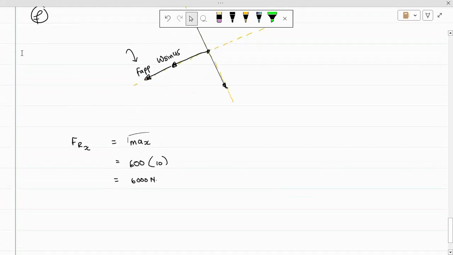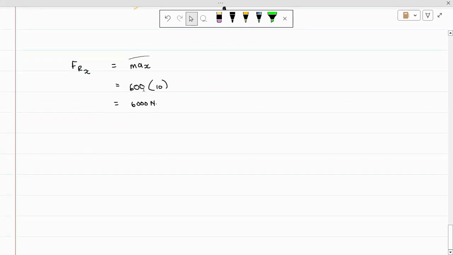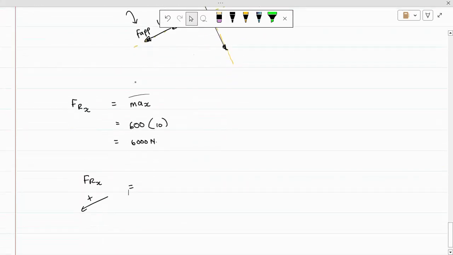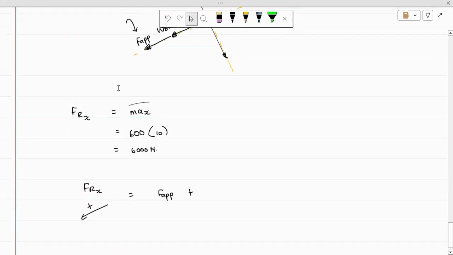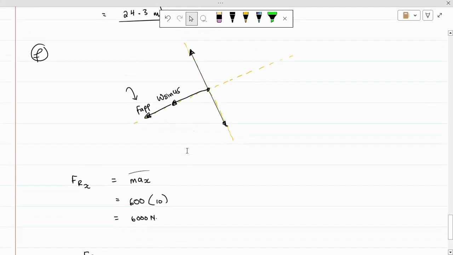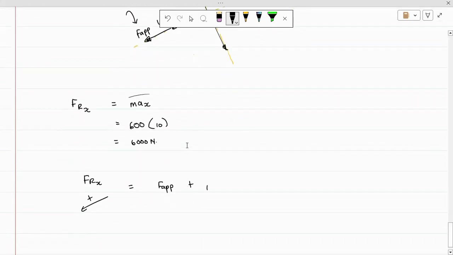But now we also know that in order for you to get this resultant force, you also need to add all these forces here. So the resultant force in the x direction, if you're taking down the slope as positive, is equal to the force applied plus, since they're both going down the slope, they're both positive, W sine 45. This should give you an answer of 6,000.